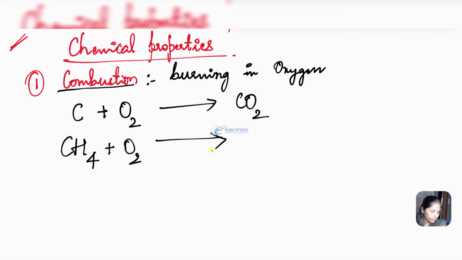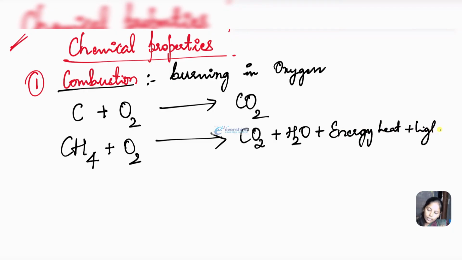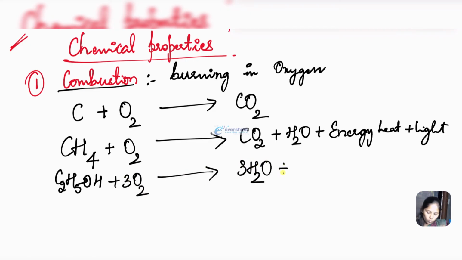When we burn methane, it will form carbon dioxide, water, and also release some energy in the form of heat and light. What happens when we burn alcohol? Alcohol also releases water, carbon dioxide, heat and light.